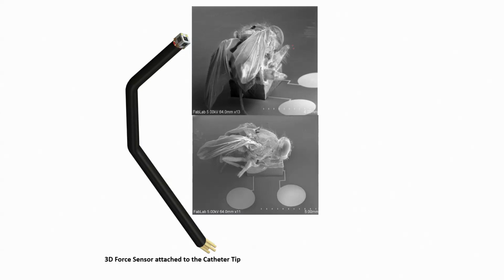Now, here what you see is a housefly. You can see a housefly, right. A housefly is sitting on the sensor, right, and the interest of making the housefly sit on the sensor was to measure the weight of a housefly, right.